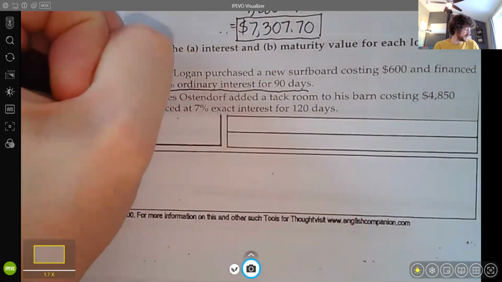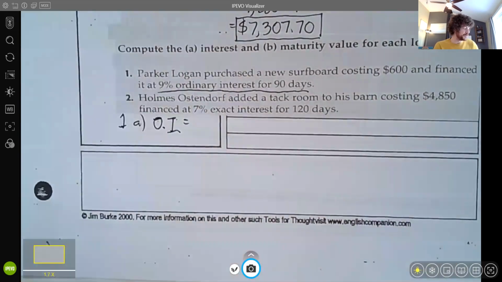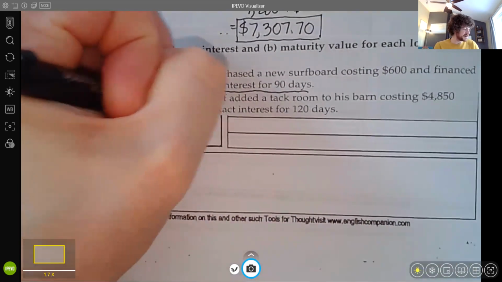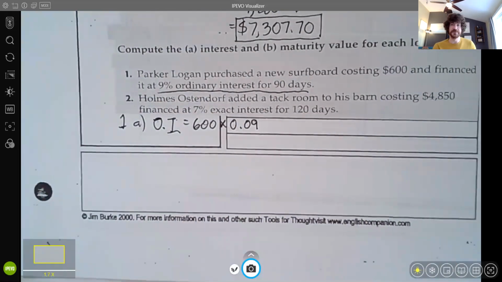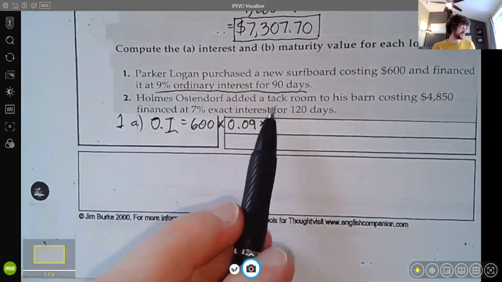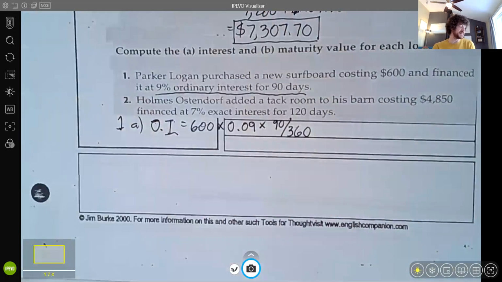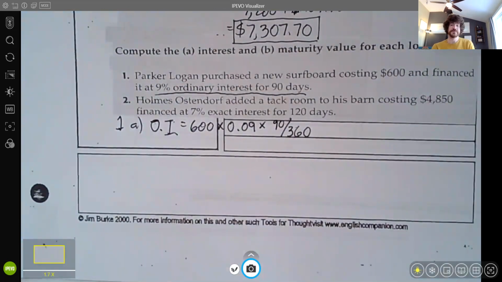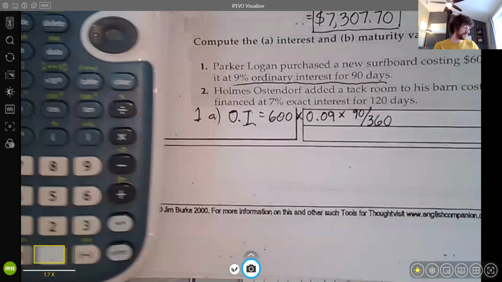So I'm going to say OI for ordinary interest is equal to the principal value, 600, times 0.09. That's the rate, 9%, times 90 divided by 360. So that's what we're using to calculate ordinary interest for 1A.